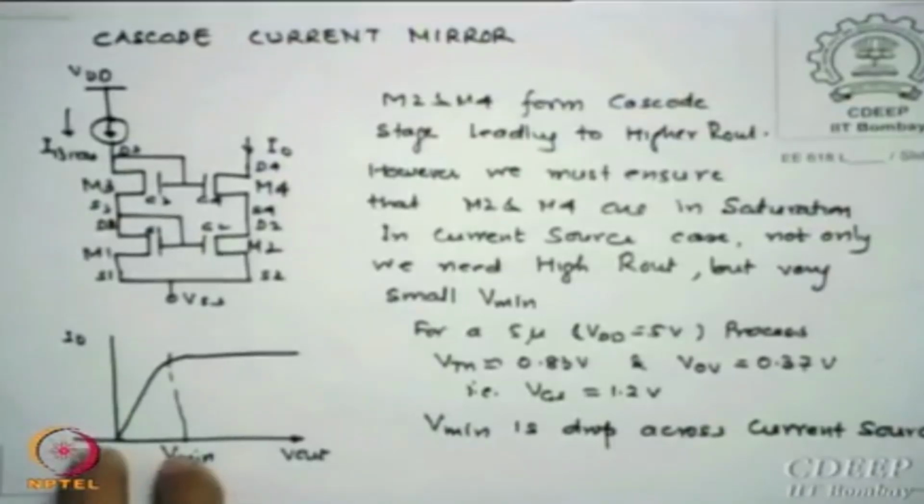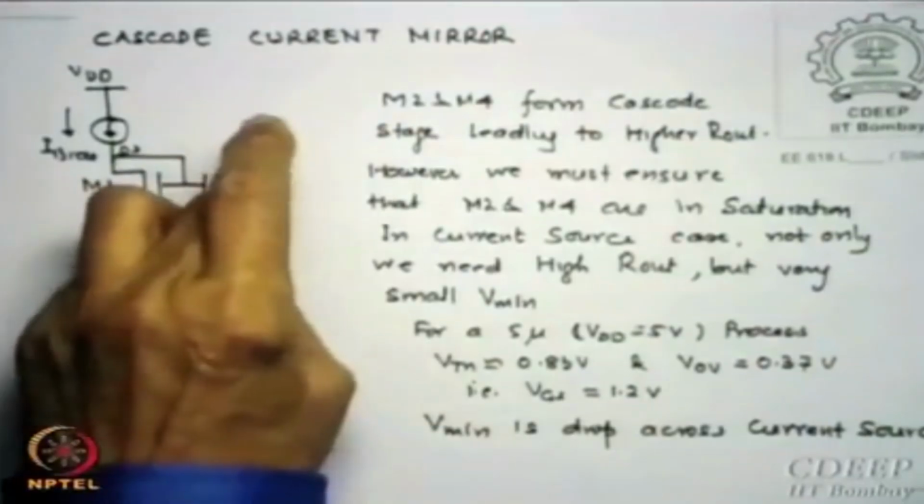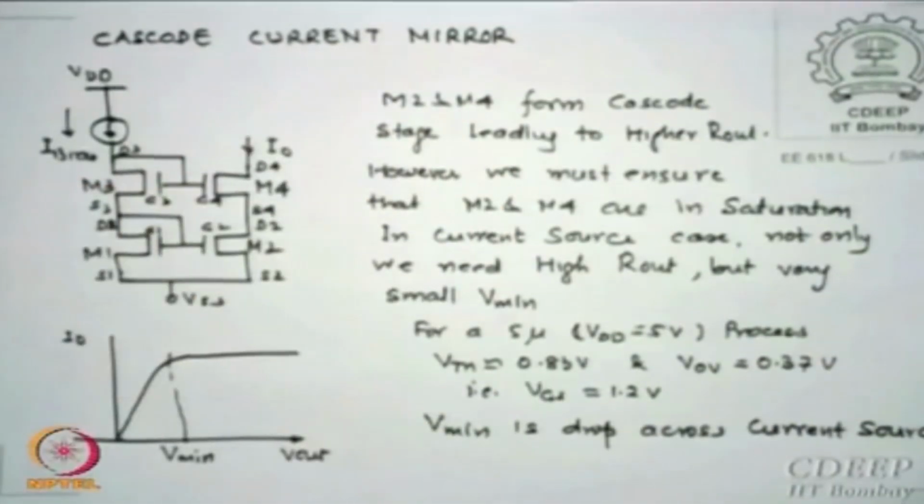We are also looking for minimization of V min, so we see how much V min we get. V min means what minimum voltage you are actually going to get at the output, and we will figure out how much the minimum drop across the source is that is allowed. For example, I have taken a typical 5 micron process given in Baker's book, say VTN of 0.83 volt and over voltage of 0.37 volt, that gives VGS of 1.2 volt.